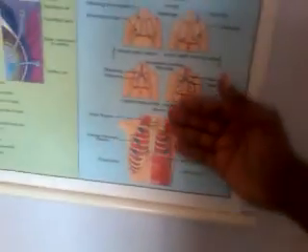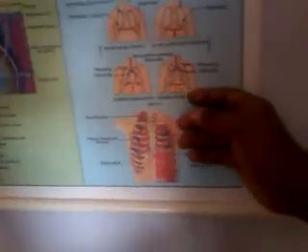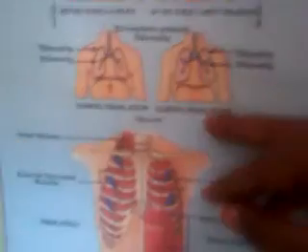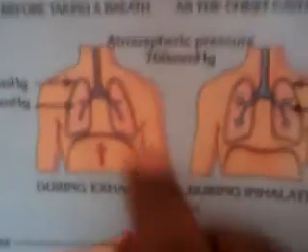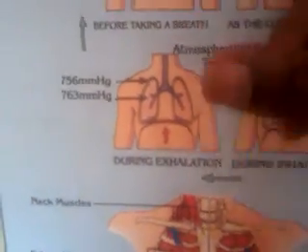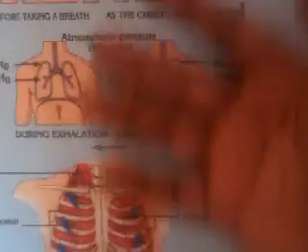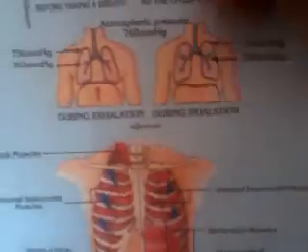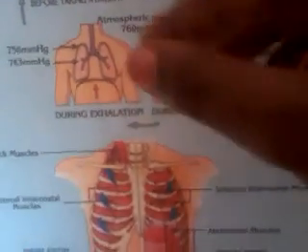As I've been talking about the respiratory system, in the phase of inhalation, this diaphragm I'm talking about is going down, which gives space for oxygen, and oxygen comes in to fill the lungs.